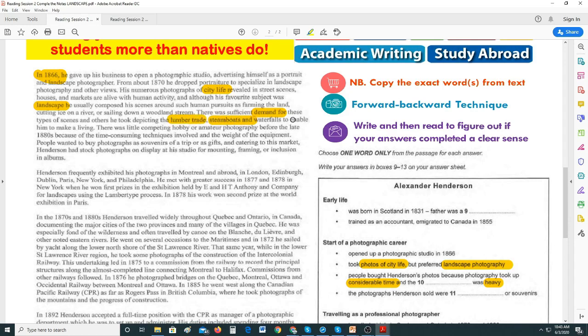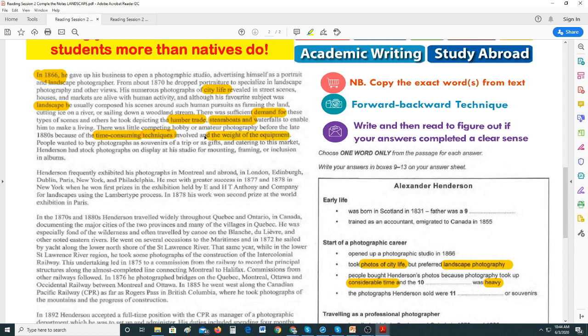There was little competing hobby before the late 1880s. Okay, so we got time. You see, we got time here: considerable time and something was heavy, and so it says the time-consuming techniques involved and the weight of the equipment. We got our answer.